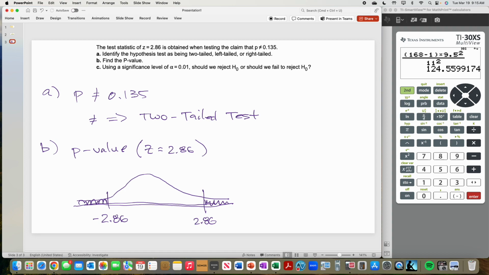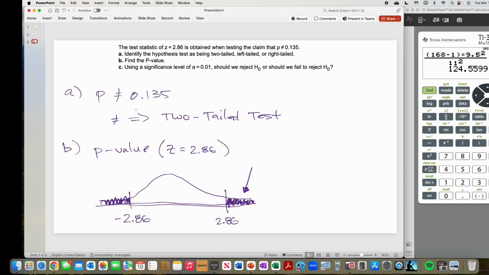So I'm going to find the area to the right of 2.86, and then I'm going to multiply it by 2, because the p-value includes the area to the right of 2.86, but it also includes the area to the left of negative 2.86.